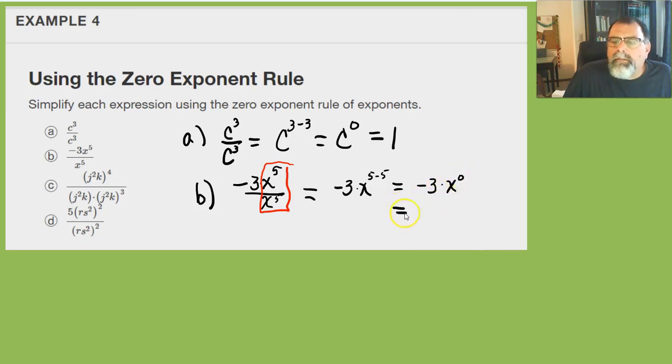And x to the 0 is the same thing as 1. And then anything times 1 is itself, so we get negative 3. So that's our final answer there.